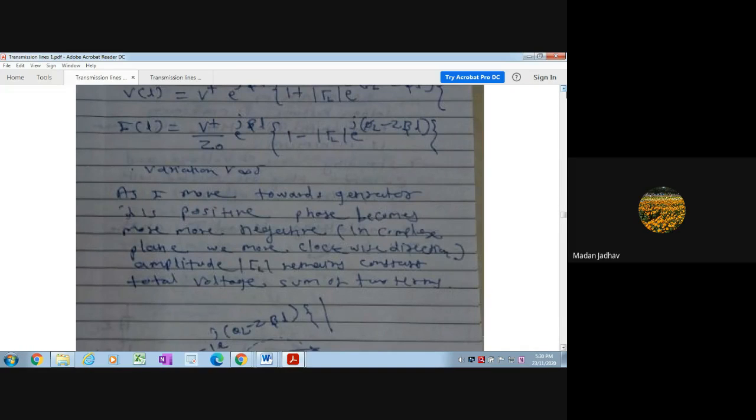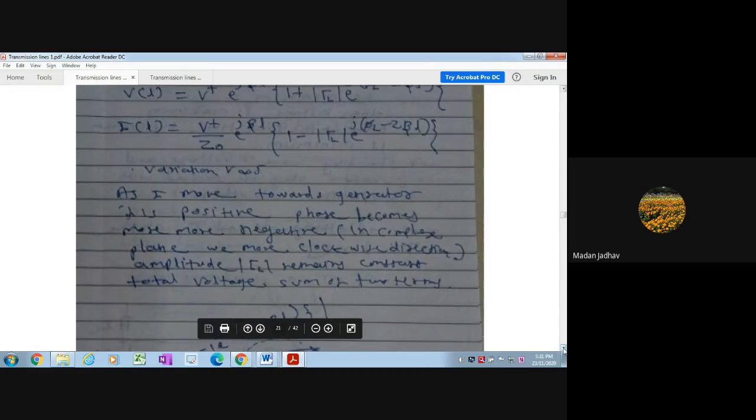If you move from the load to the generator, L is positive, meaning L becomes 1, 2, 3, 4 like this. As you move from the load to the generator, the phase is also changing.